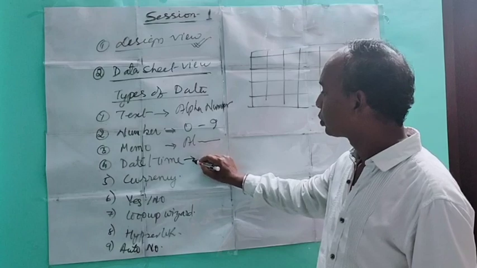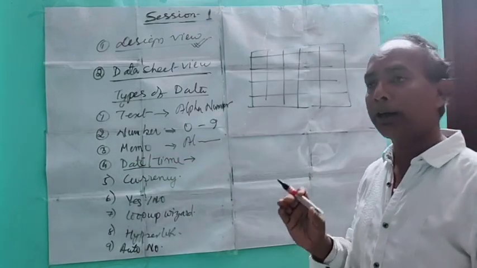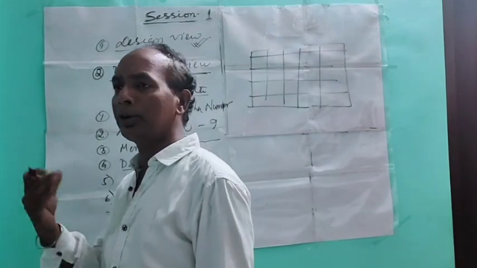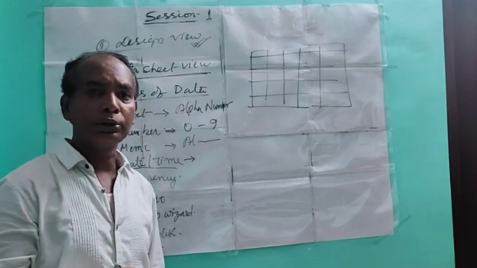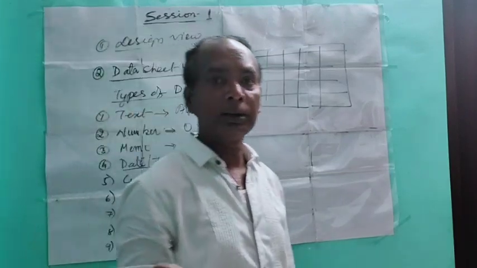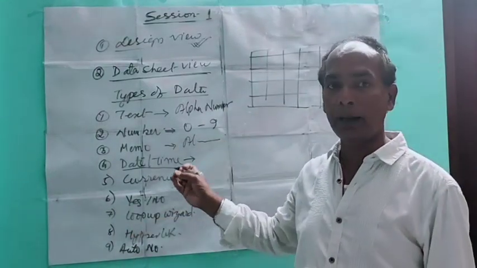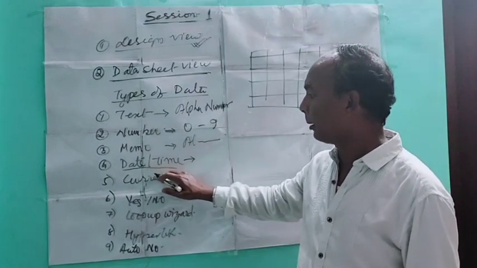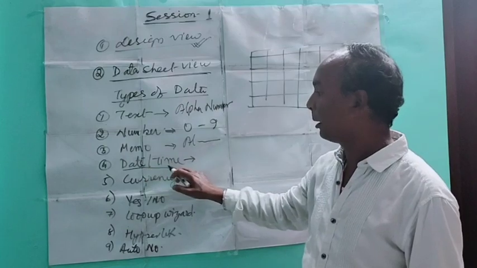Whenever we have to enter any date in our tables, such as your date of birth, date of issue of a library book, date of return, time of birth, or timing of a bus, we have to use the date and time data type.